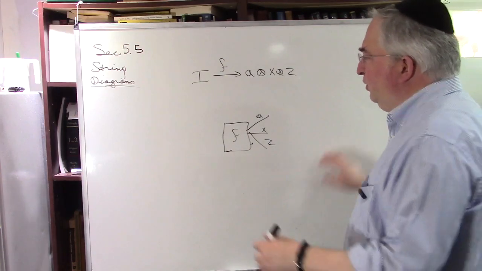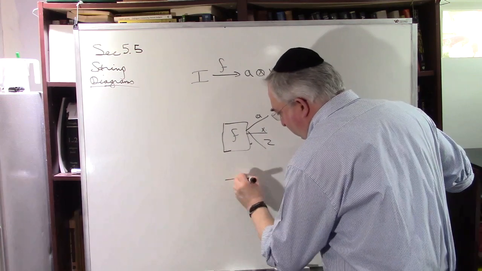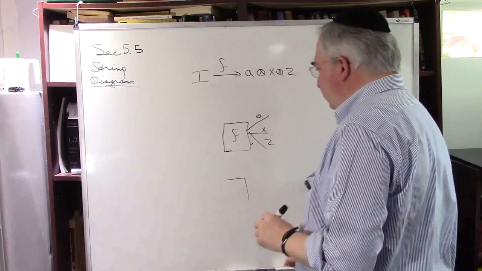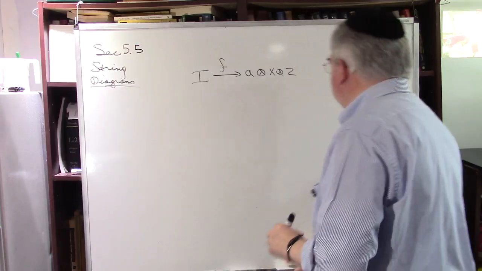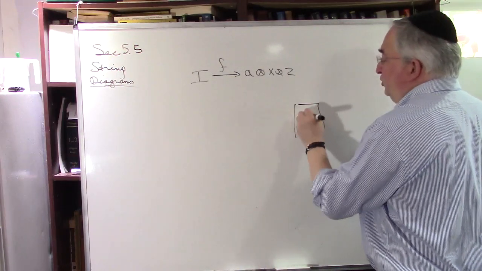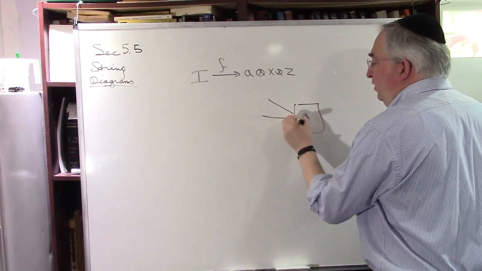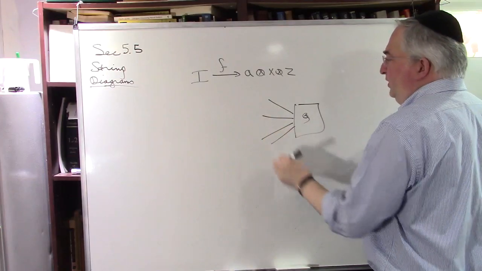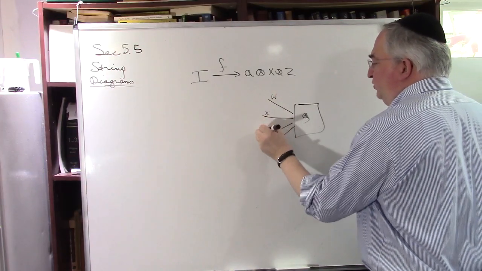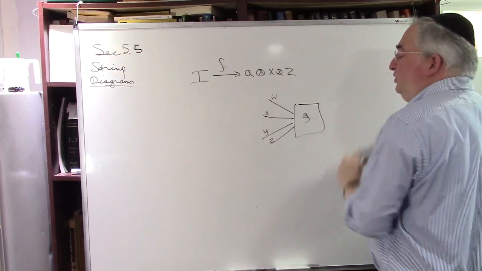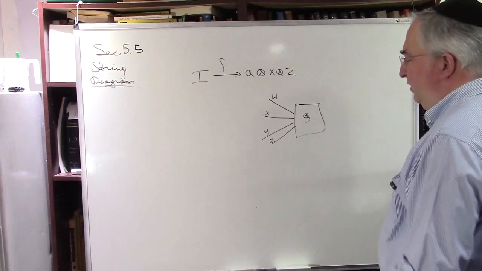Okay, and of course you can go the other way too. So for example, I don't want to draw it like that. And for example, you can have G here, and you can have 4 different things here, W, X, Y, Z, and it can go to the unit, and we'll leave that alone.